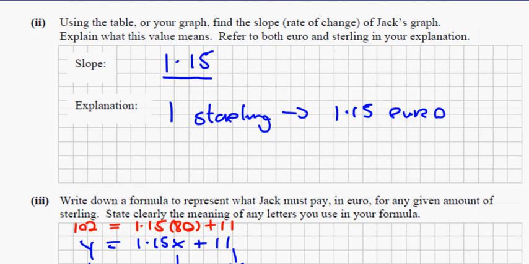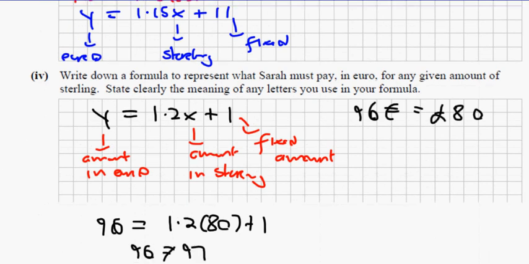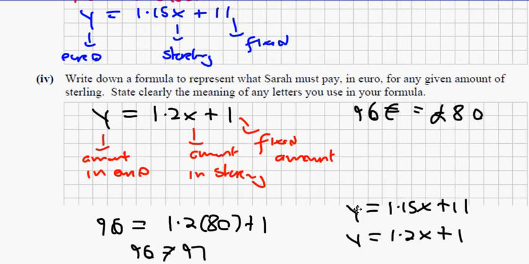So what we have is these two formulas here: y equals 1.15x plus 11, and the other one, which is y equals 1.2x plus 1. So these two are what we need to use.